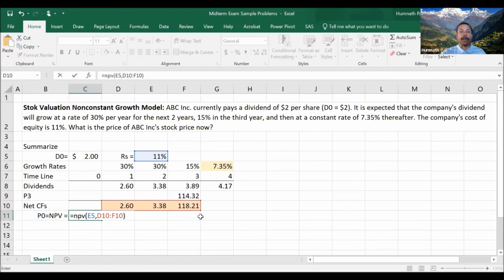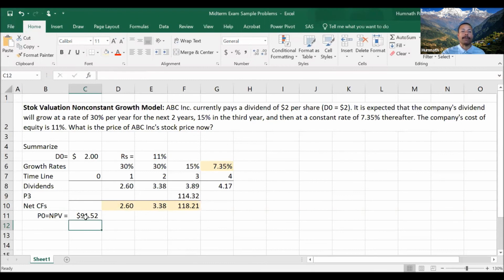One more time: you select the rate first, and the rate is not the growth rate, it is the discount rate, the cost of equity. Then select the values from time 1 through n, and then we have the price of the stock.